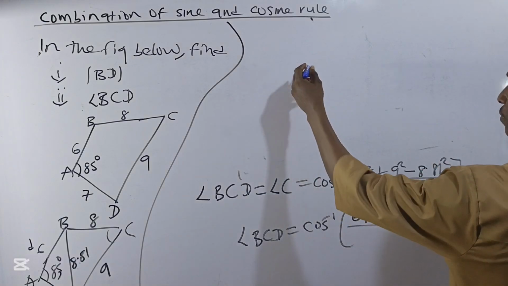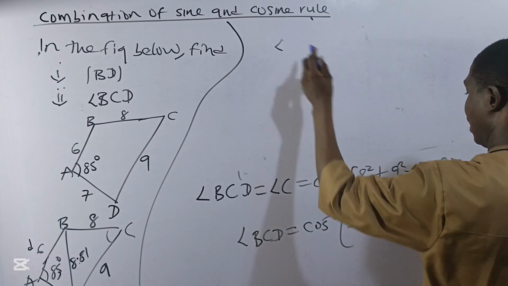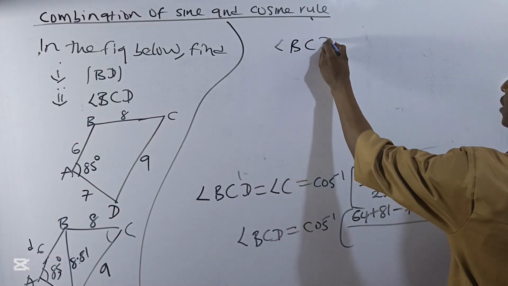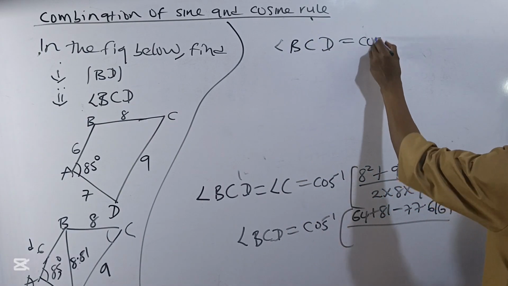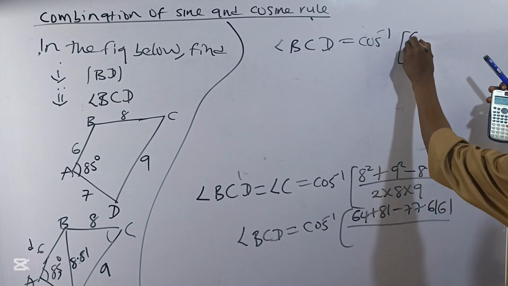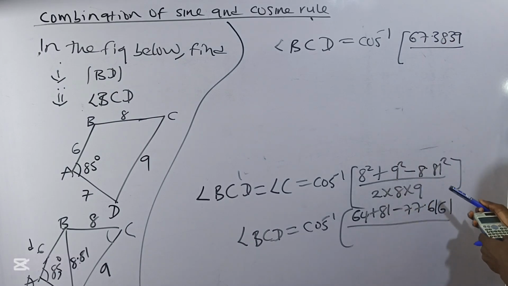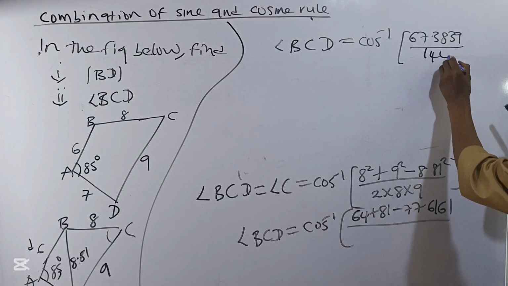This will give me angle BCD equal to cos inverse of 67.3839 all over 2 times 8, 16 times 9 gives me 144.